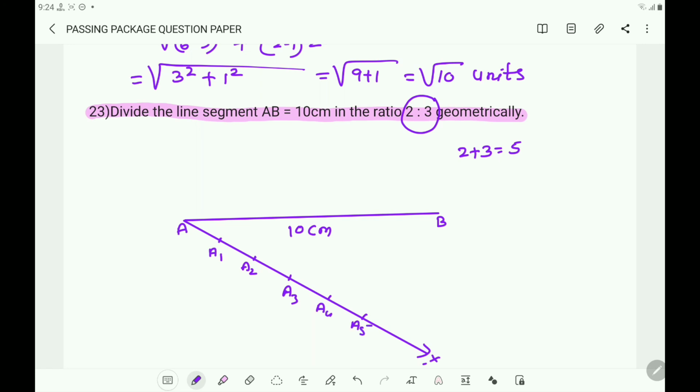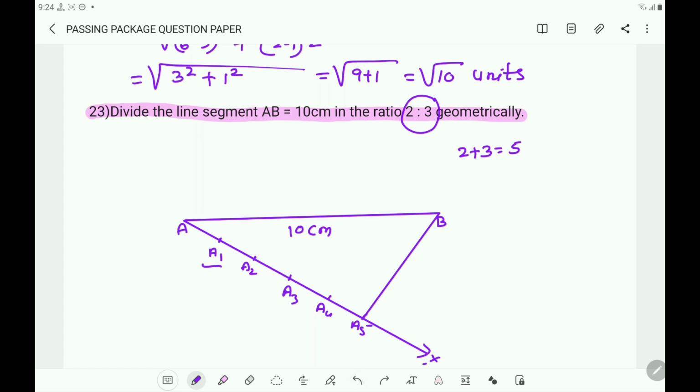Next, join this fifth part to B. After that, the ratio is 2:3. So 1, 2, that is 2:3, 1, 2 is there.